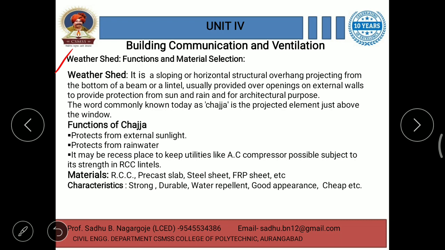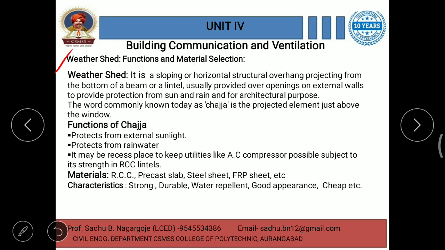Okay, the word commonly known today as chhajja is a projected element just above the window. Okay, we all know about it. Chhajja, the projected element just above the window or top of the window.